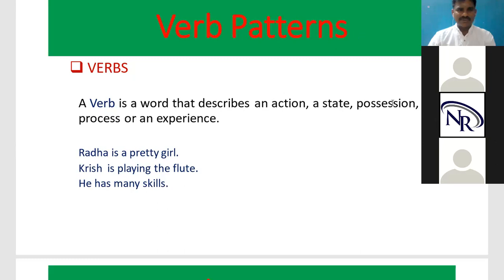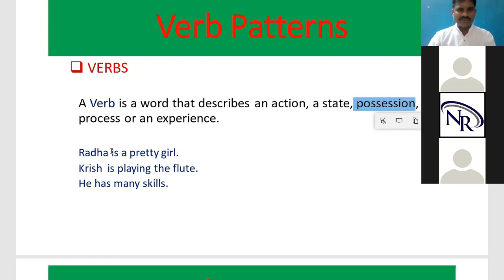An action, a state, a position. So has. Here, has is a position. I have a car. She has a bike. They have so many friends. Have, has, had, these are all possession verbs.